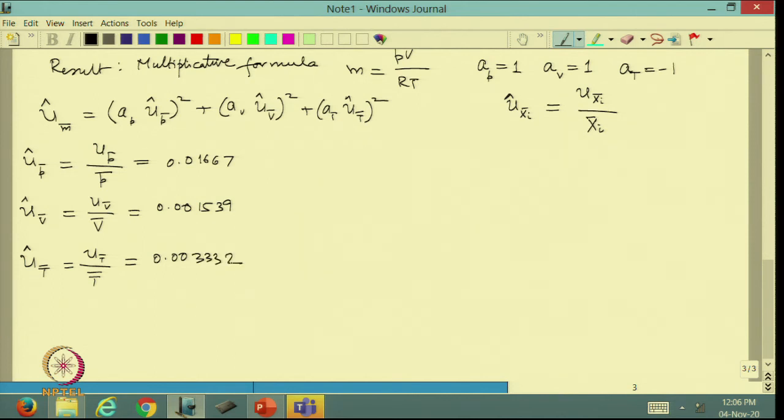I have just kept decimals to show you that somewhere along the line we have to do the round offs.